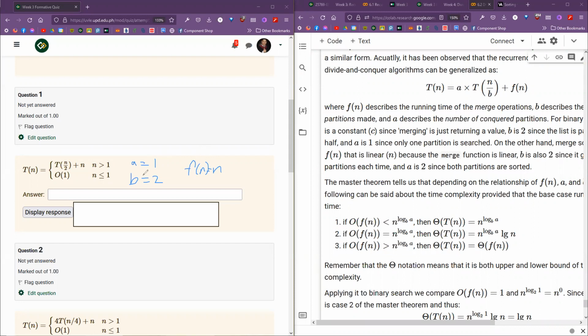So, i-compare natin si n to the log base 2 of 1, which is equal to n to the 0 or 1.